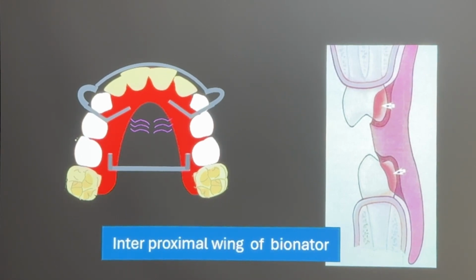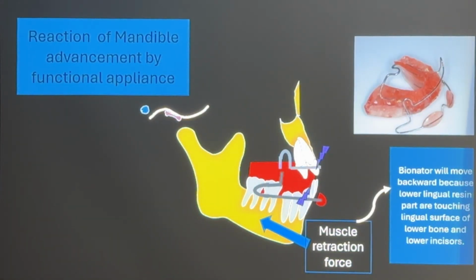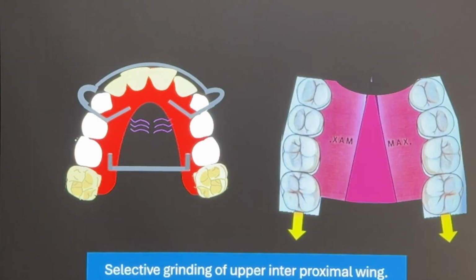Now you understand. Let's check again. You can make a little space in the major part of the wing. Don't make any space in the distal part of the wing. Don't forget this one.